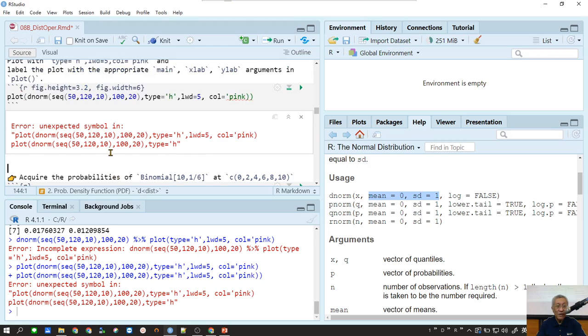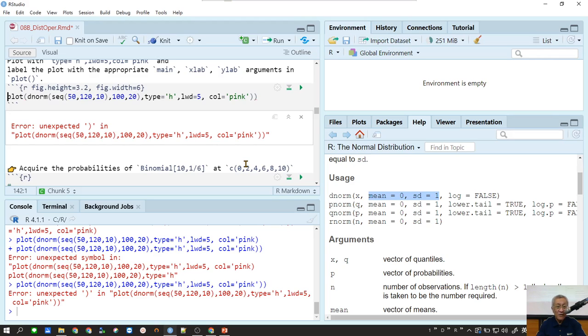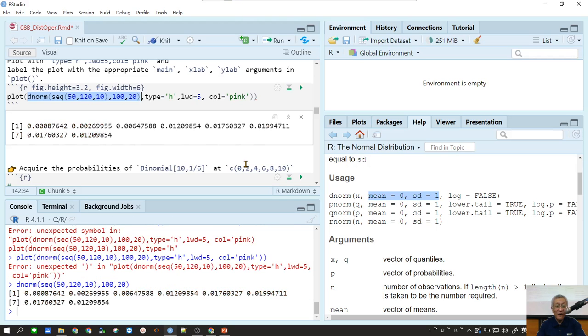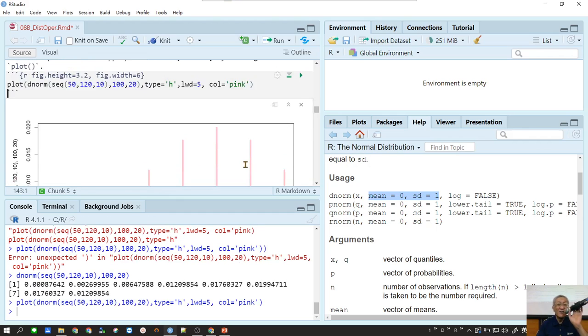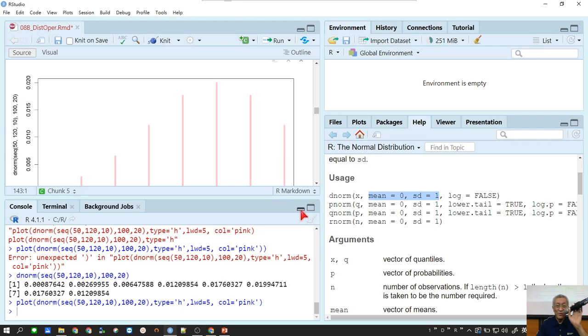Professor, the word pink, it doesn't... Yeah, I saw. What is the problem? Now we have... okay. So there's some typo.